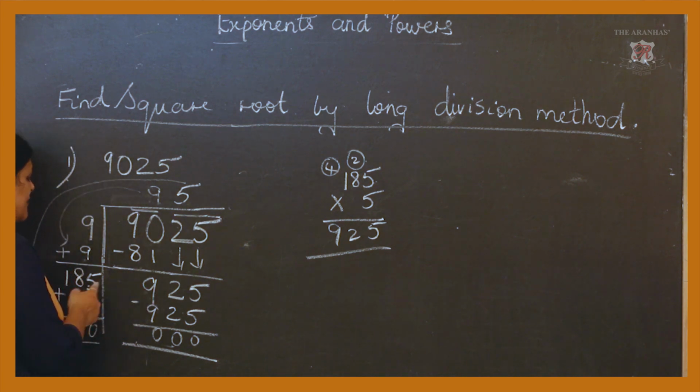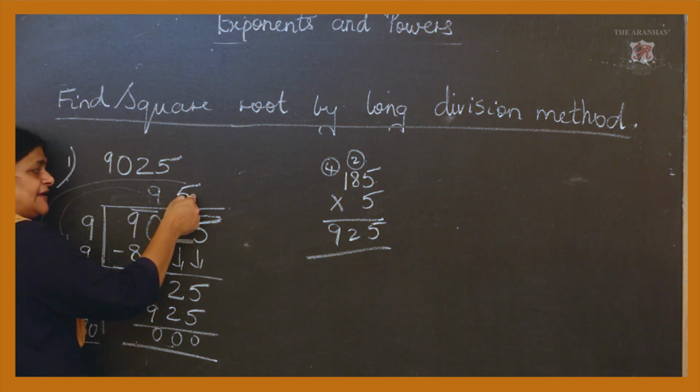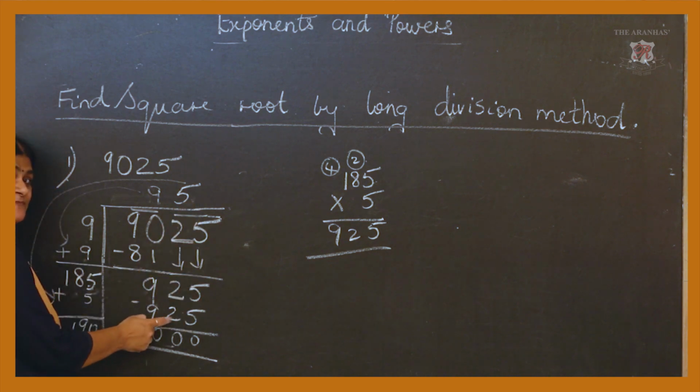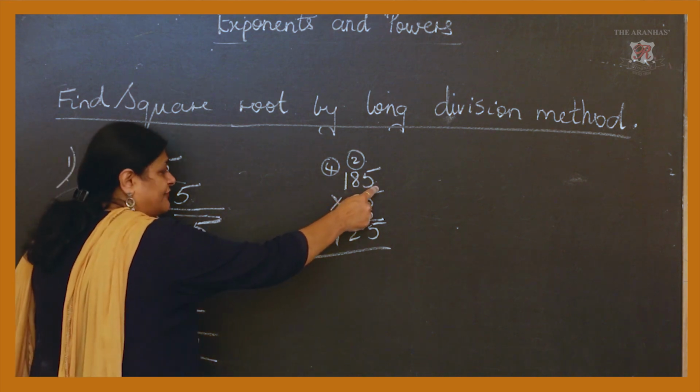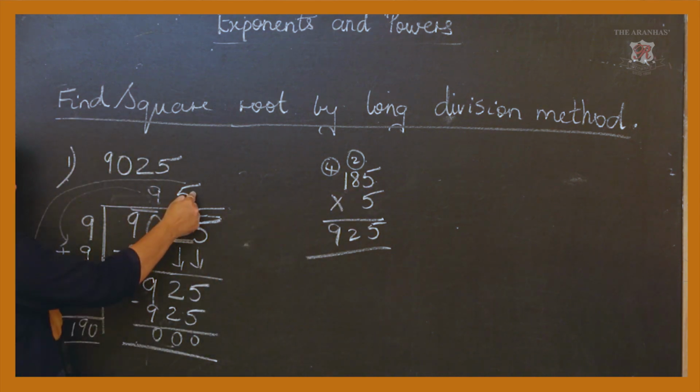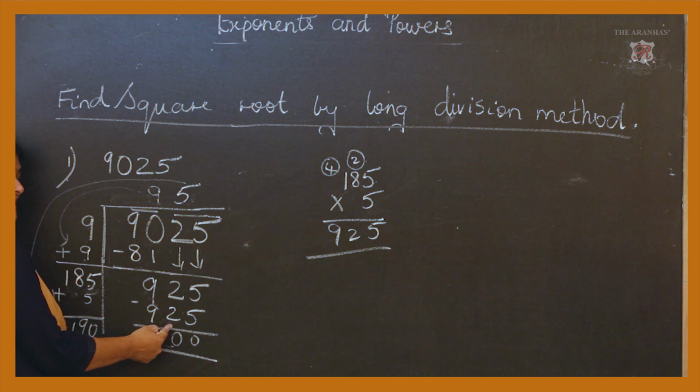And then you are going to take a number over here and multiply it to get this particular number. Here you are taking that number along with 18, so 185. Now 5 I am taking, for example. 185 into 5 will give you 925.